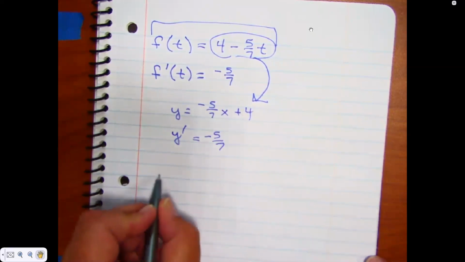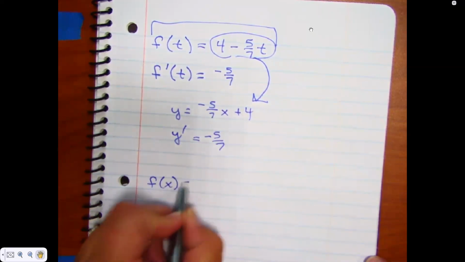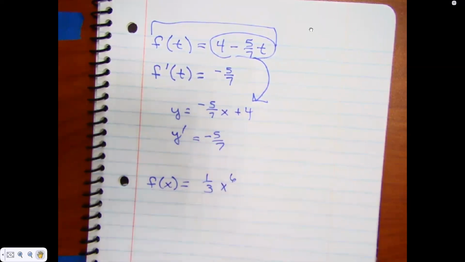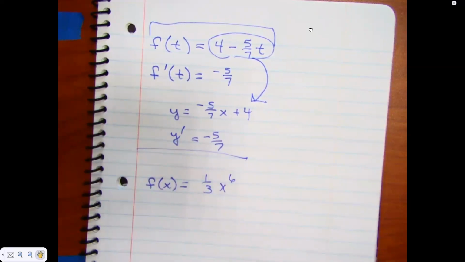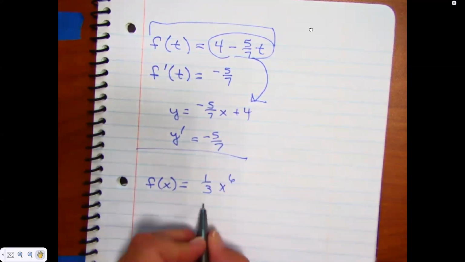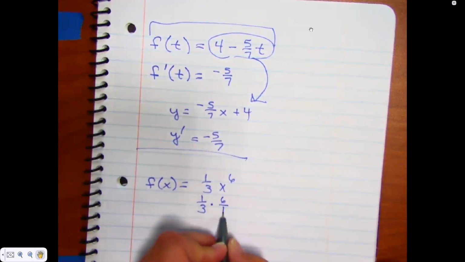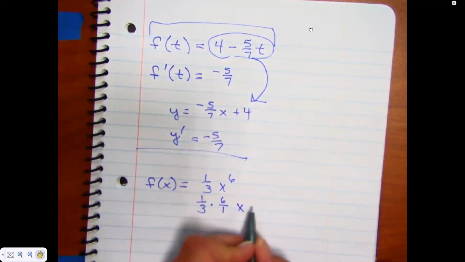All right, how about f of x? We'll go back to f of x, 1/3 x to the 6th. Roll it down, subtract 1, that's all the same. This one you might want to write, it's 1/3 times 6/1 if you want, and then subtract 1.